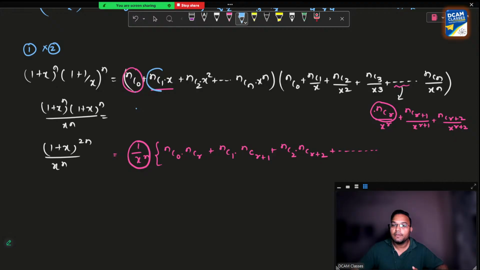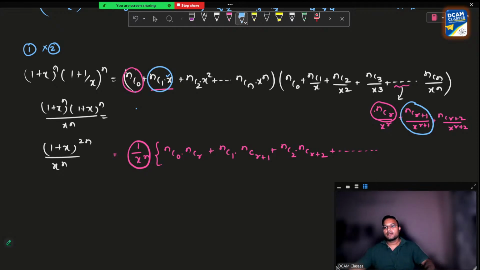Similarly, if you multiply this nC1 into x with this, x will be cancelled with x in the denominator, you'll get again 1 by x power r. Correct? If you are multiplying nC2 into x square with this, this x square will cancel with x square here, and 1 by x power r again will remain.